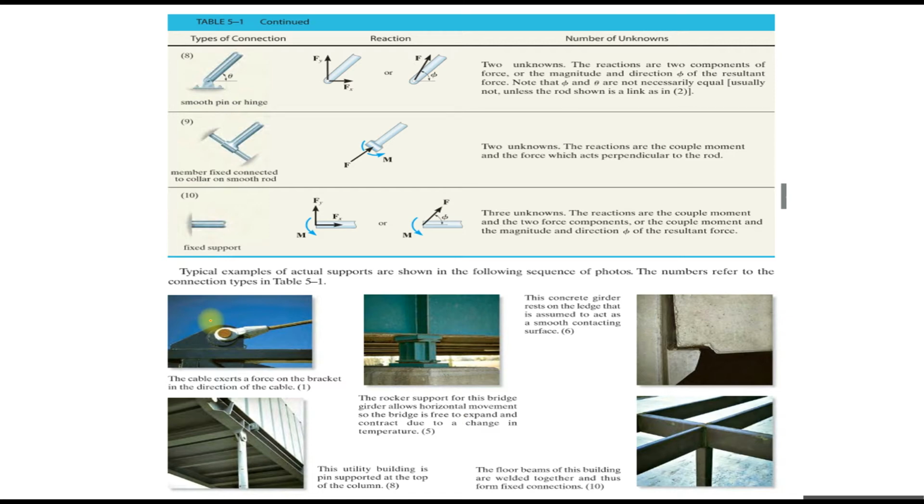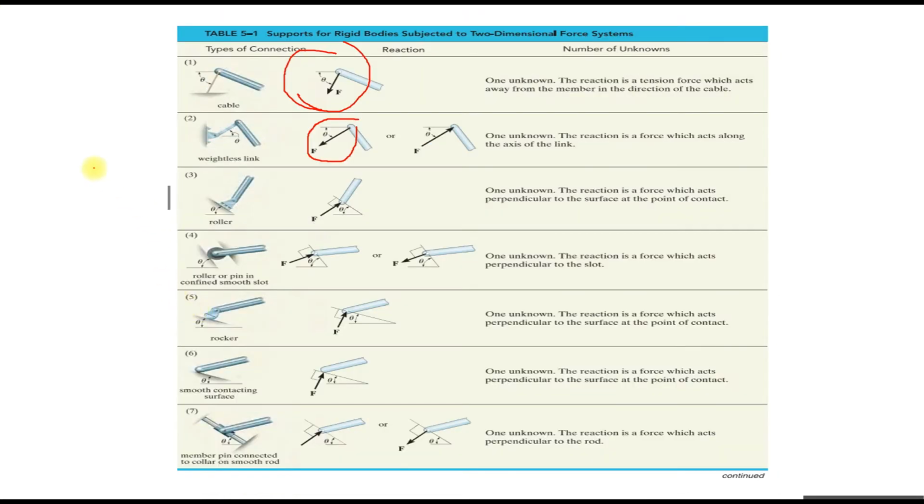Let's say, for example, we see this rocker here. By definition, it supports, meaning it doesn't allow the structure to move in one axis. It can only be rotated, but at the same time it can move along the other axis, the x-axis, at the point of contact with the slope.